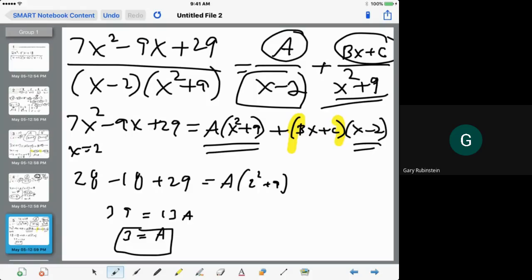But there's no convenient value. There's nothing that can make the a drop out, because there's nothing that makes x squared plus 9 zero. You can't pick 3i as a convenient value. Even if you did, the b and the c are so intertwined.